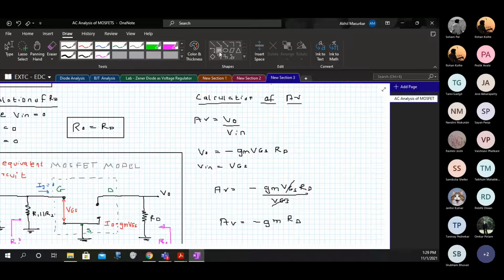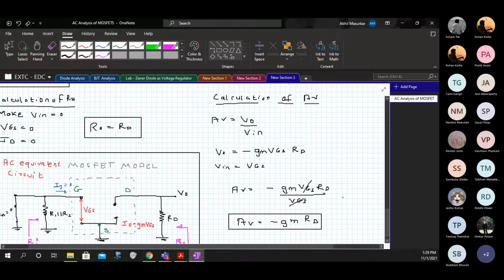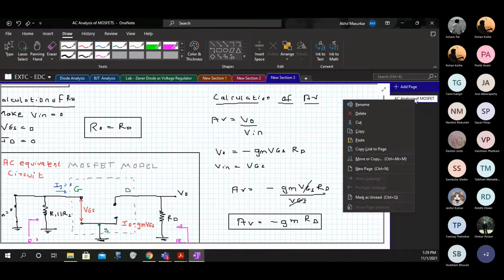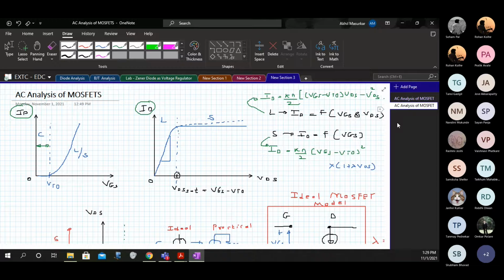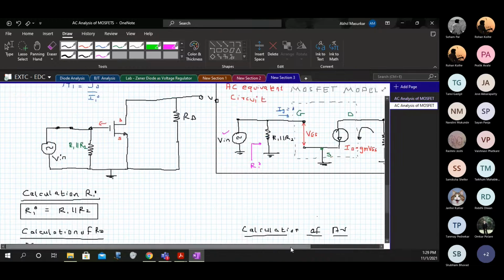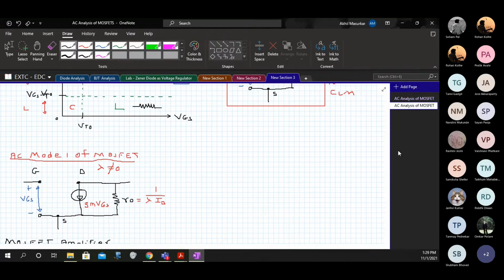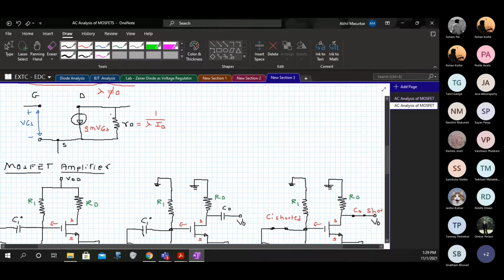Now how to calculate all this, I'll tell you. These are the formulas. So actually the model that we have seen is the ideal model. But what if it's a practical case? What if lambda is not equal to 0?